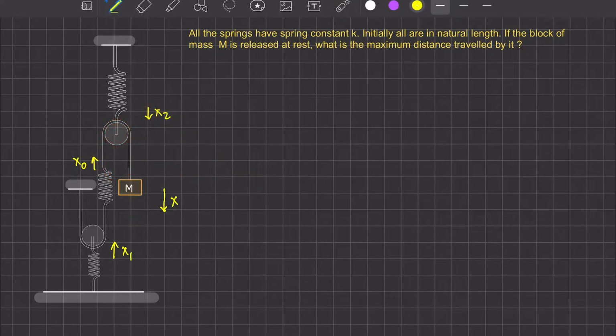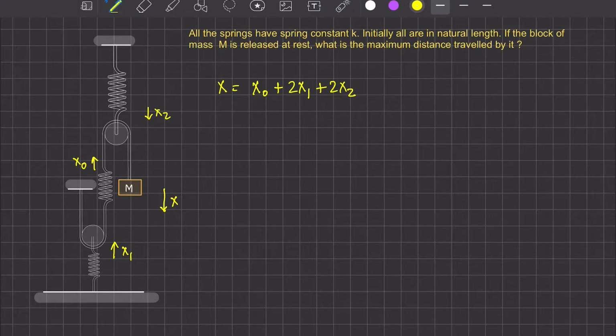That means the distance moved by the block, x, will be equal to x0 due to the middle spring, plus 2x1 due to the lower spring, plus 2x2 due to the upper spring. This will be the total distance.